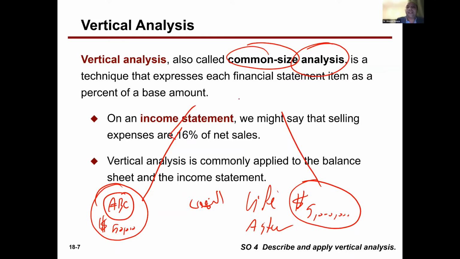How to do that? You convert your financial statements to common size financial statements. Convert the dollars to percentages. So instead of saying I have made $50,000 net profit, you can say I have made 10% net profit.